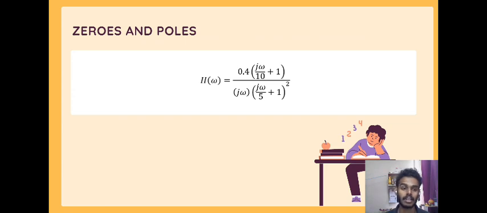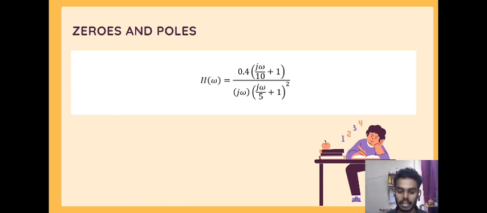So this is the last part, which is zeros and poles. From this equation, we can observe the key characteristics of the system. The numerator contains a zero at omega equals 10, which will introduce a positive slope of 20 dB per decade in the Bode plot.